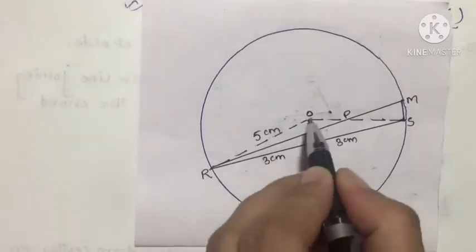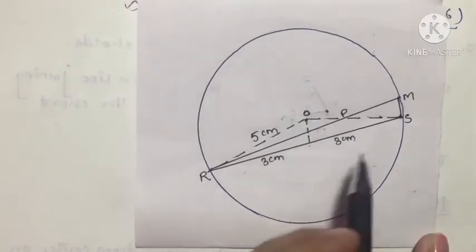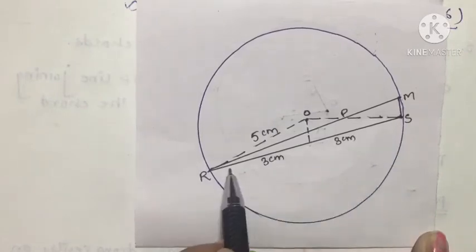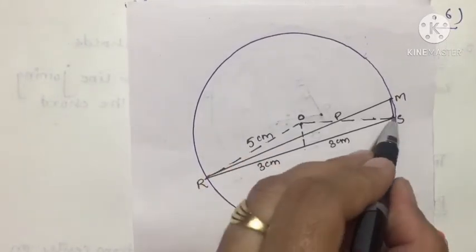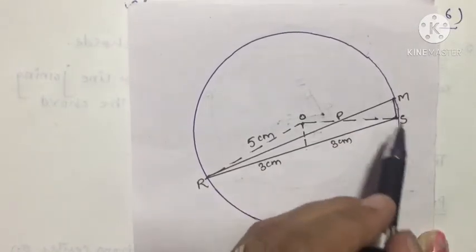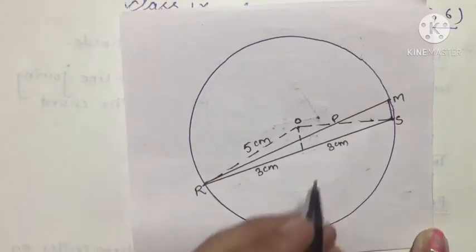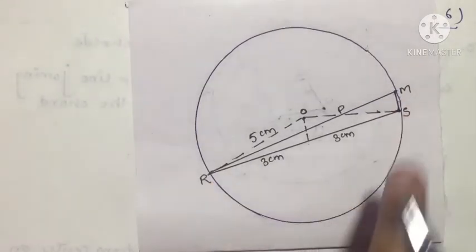The radius of the circle is 5 cm, so this is 5 cm and this is also 5 cm. The distance between Reshma and Salma is 6 cm, so RS is equal to 6 cm. MS is also 6 cm. It doesn't seem so, but it is 6 cm as per the question. What we have to find out in this question is RM.